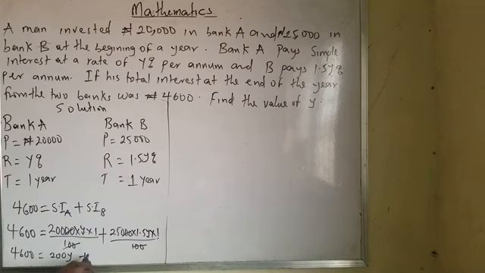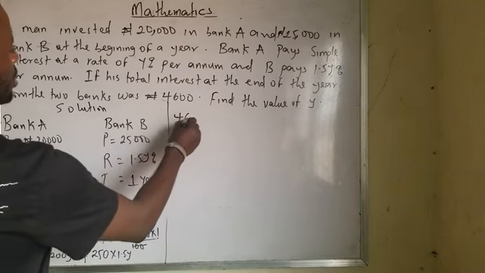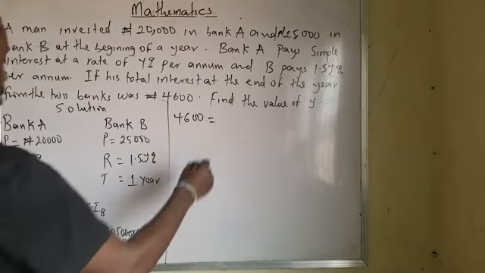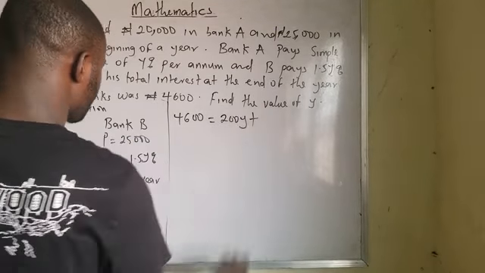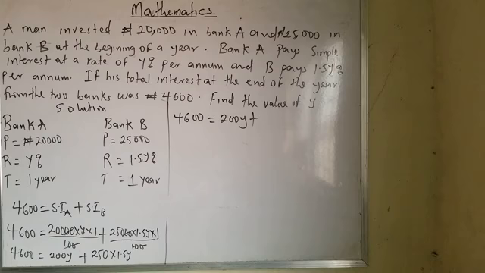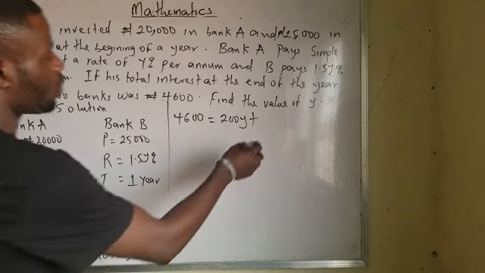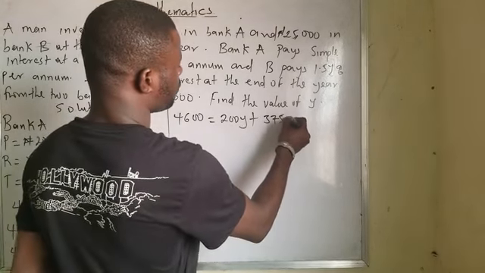This one will be 250 multiplied by 1.5y. So 4,600 equals 200y plus, when I multiply that together, 375y.